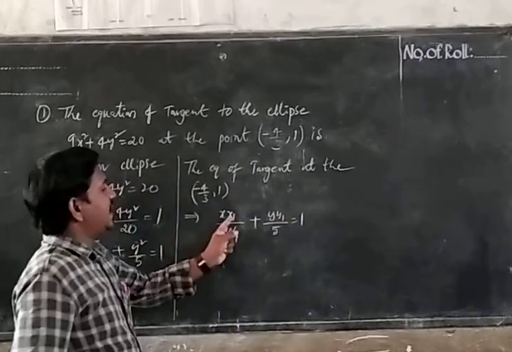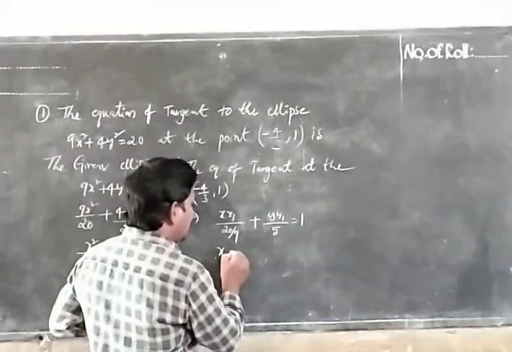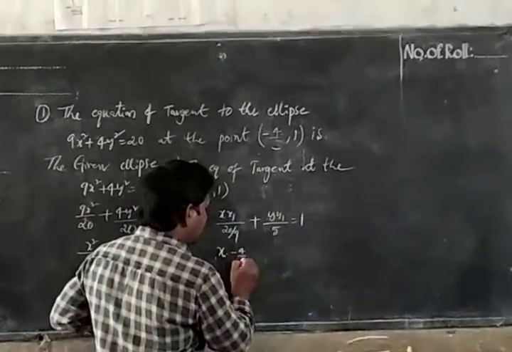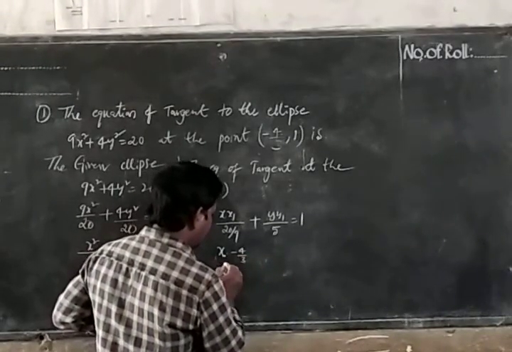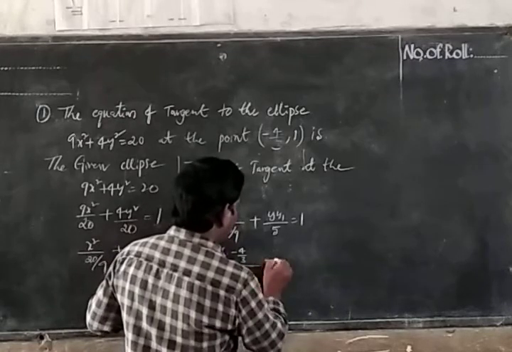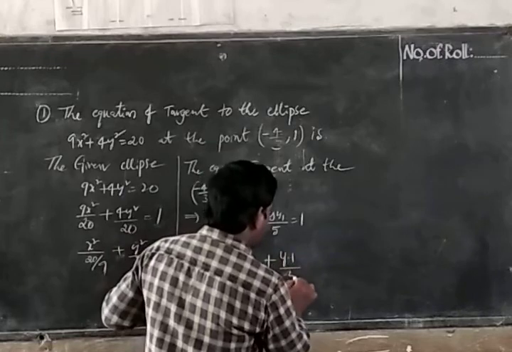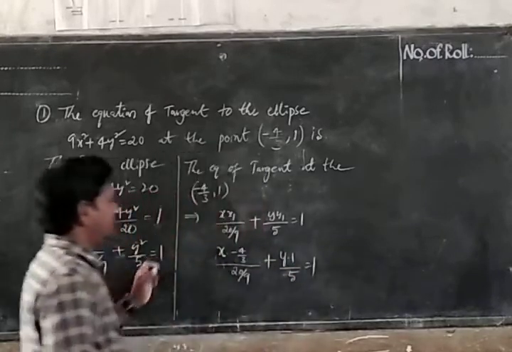So substitute x1, y1 values: x into minus 4 by 3 by 20 by 9 plus y into 1 by 5 equal to 1.